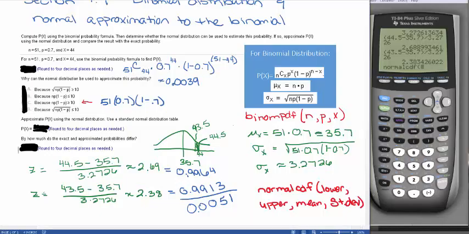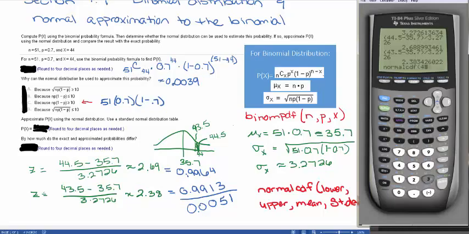So we're going from 43.5 to 44.5. We have a mean of 35.7, and a standard deviation of 3.2726. And we're getting 0.00499, so that's going to round up to 0.0050.